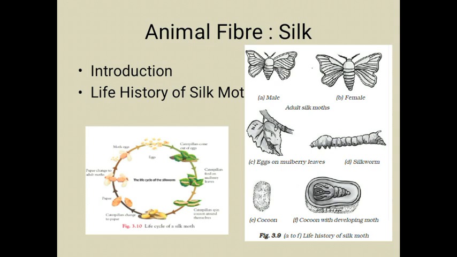But under an experimental setup, it can occur up to 3 times in a year. So this is all about the introduction and the life cycle of the silk moth.